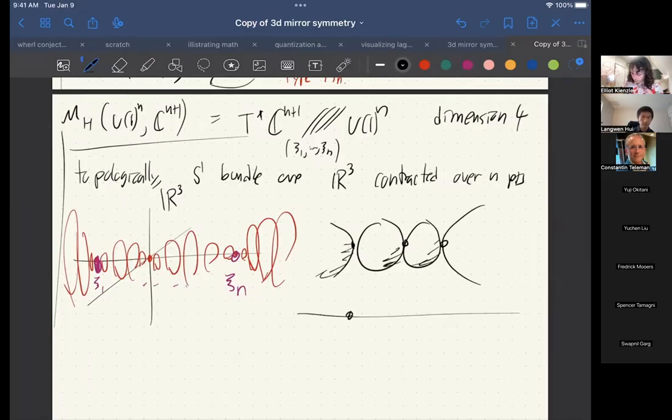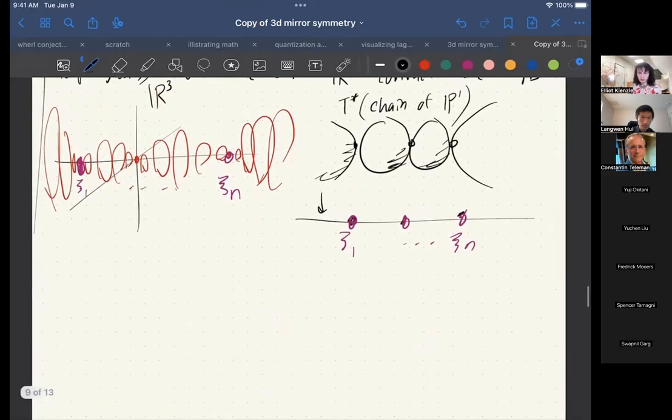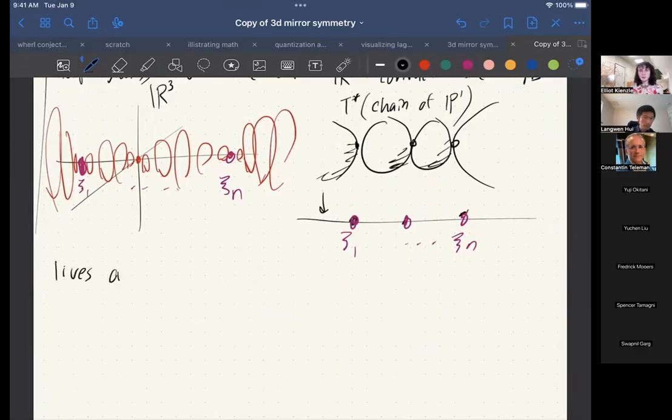And this will live over some base, which we should think of as a moment map, C1 through Cn. And really, we want this total space to be some sort of cotangent bundle of a chain of spheres. Now, this whole picture that I've drawn lives over a singular variety, which is exactly the variety that you get when you contract all of these separate contraction points to a single point.